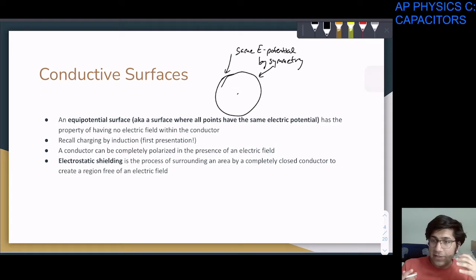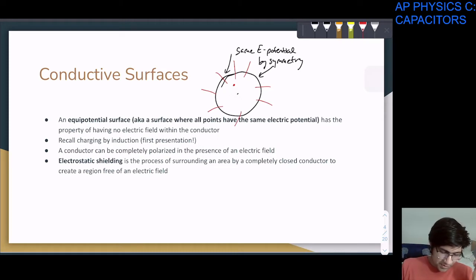Because of this, for any point inside, all of the field lines are going to essentially cancel out. So in the whole interior, there's no electric field within the conductor.